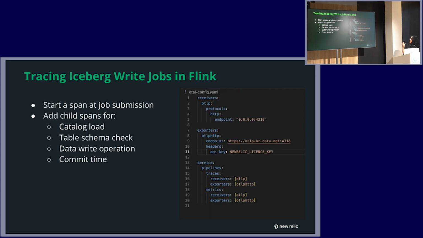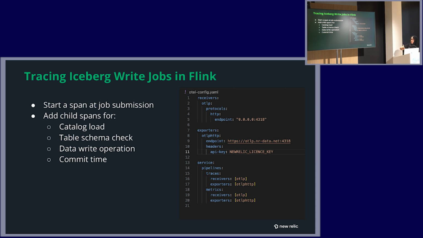So I worked on a simple example for tracing Iceberg write jobs in Flink. The easiest way I could think of was to start a span at the job submission. So right when we are picking the data from Apache, that's when we start the span.